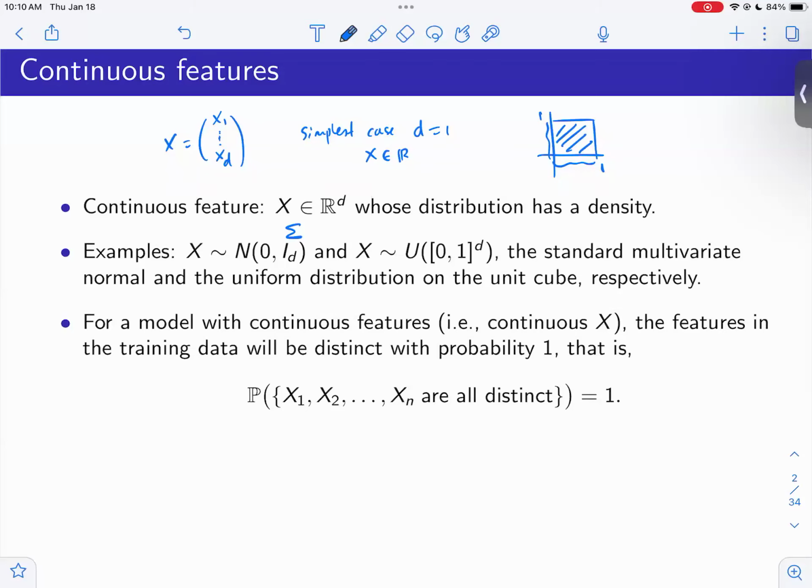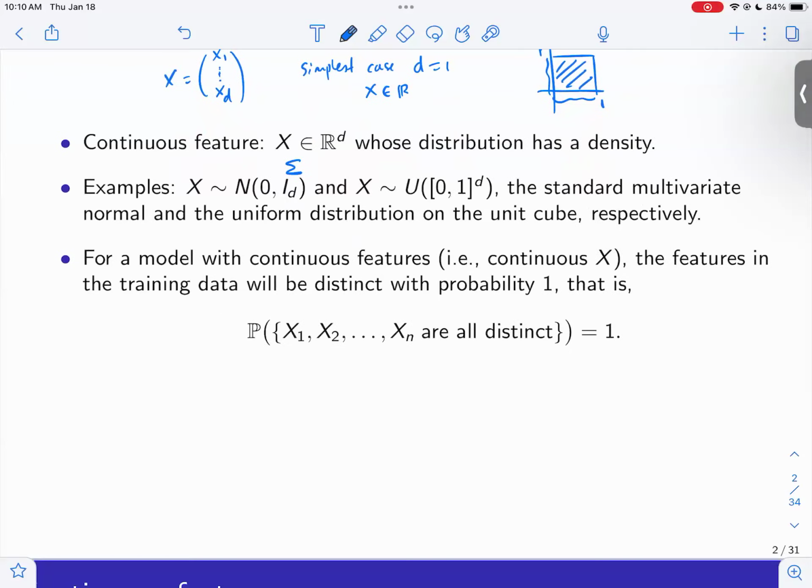So why is this the issue? Because if you recall the classifier that we were looking at, it was doing something like this. This is an approximation of eta of x, the estimate of the regression function, which is the expectation of y given x, which is also the probability that y is equal to 1 given x.